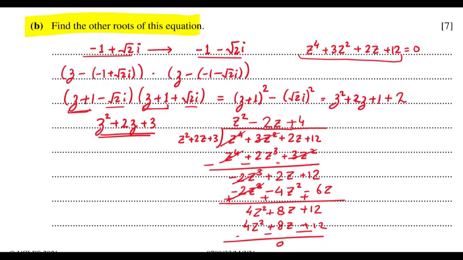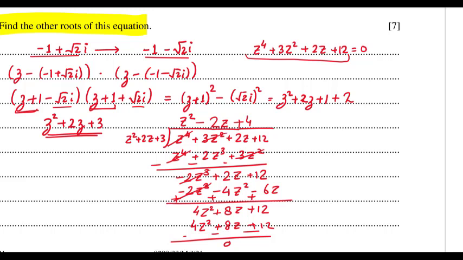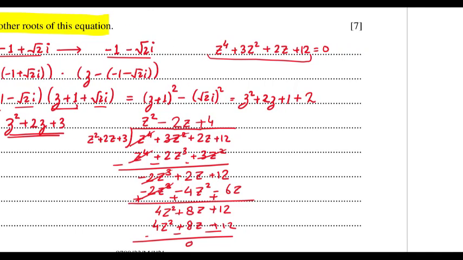For the other roots we will find the zeros of this quotient polynomial, z^2 - 2z + 4 = 0. By the quadratic formula, z is -b, so it is 2 plus minus root of b^2, that is 4, minus 4ac, that is 16, over 2a, that is 2.